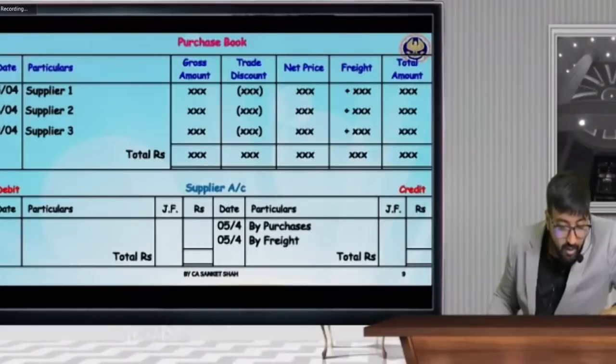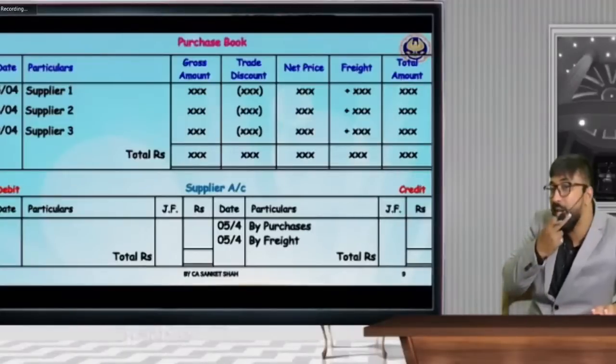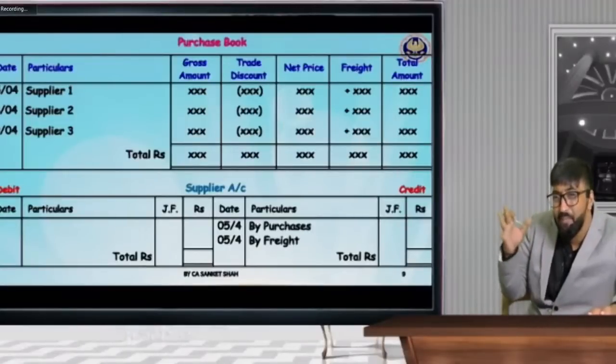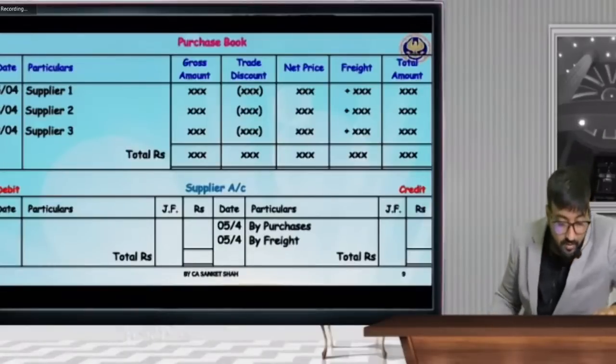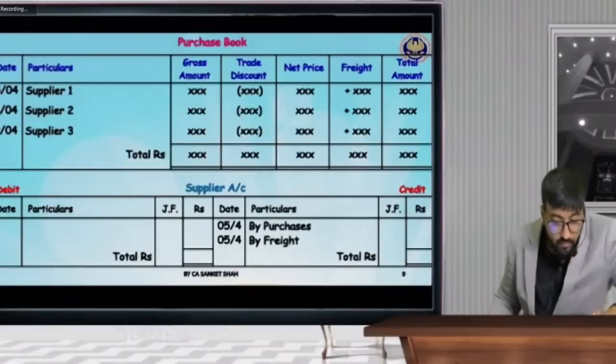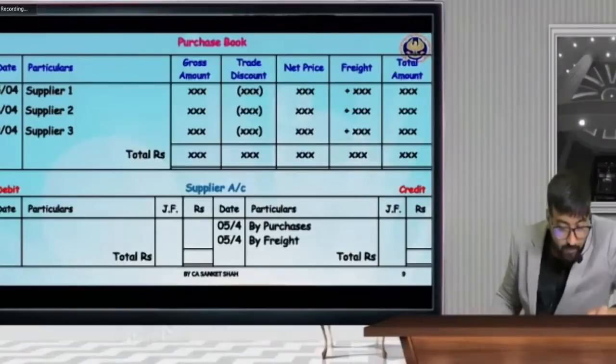Firstly, subsidiary books are prepared, then total balance of subsidiary books is transferred to ledger account through passing journal entry. Beta, journal entry pass ही नहीं करेंगे. There is no journal entry in case of subsidiary books. Purchases last day, freight last day, and supplier same day. Very good. Gunjan, very good.